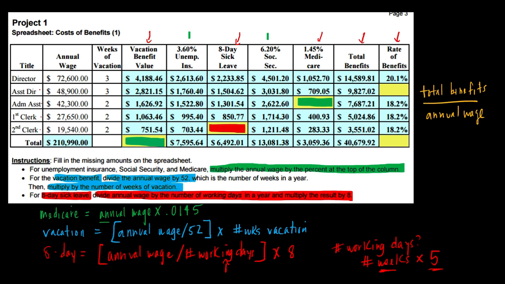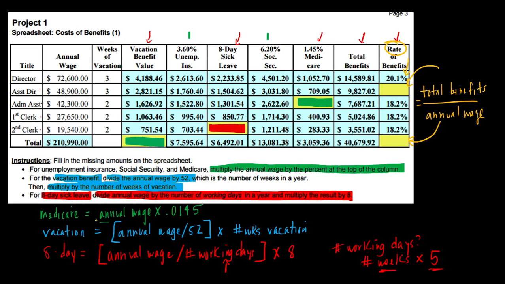Again, to find out rate of benefits, take the total benefits and divide by annual wage, and that'll tell us the rate. Notice that rate is the percentage, so you will need to convert to percent form. The number that you will get here is in decimal form, so convert to percent. And notice that for rate, we are actually creating a ratio. It's the ratio of total benefits to annual wage, and that tells you the rate of benefits.